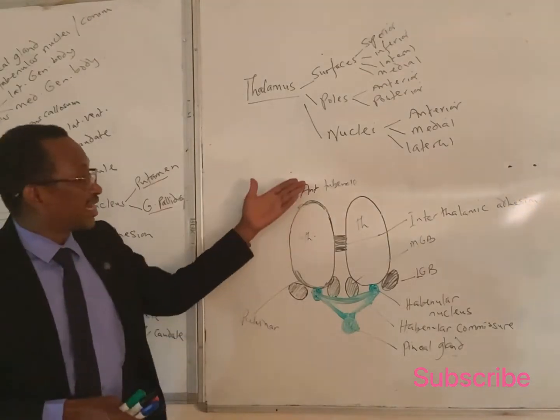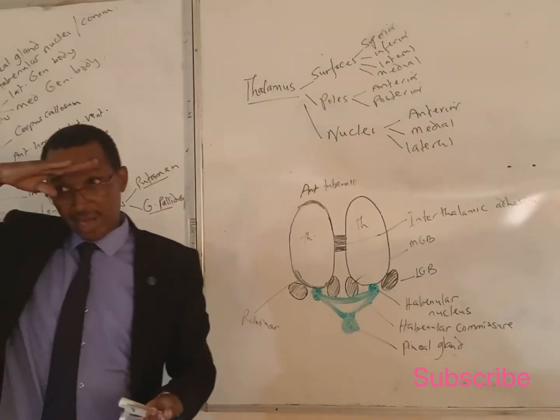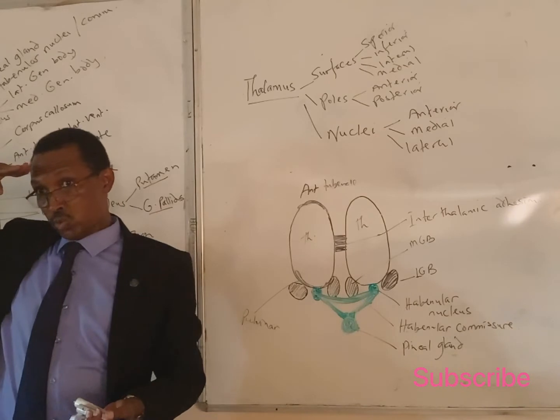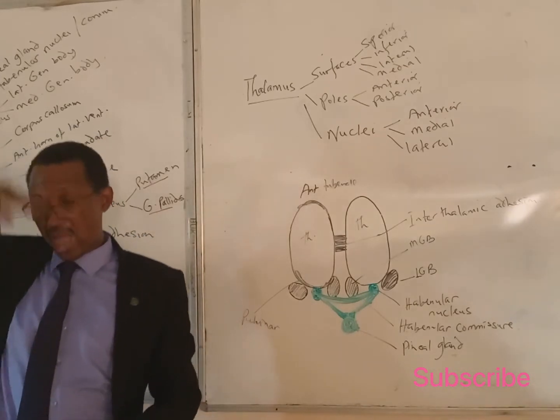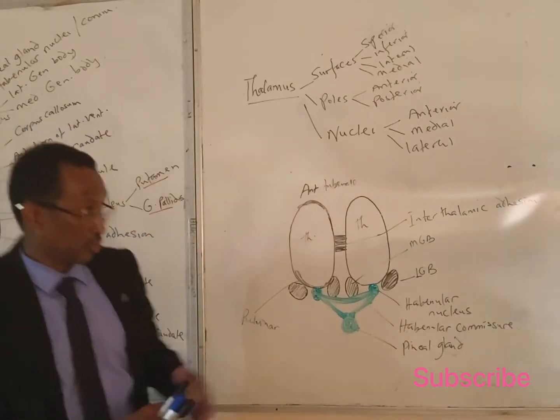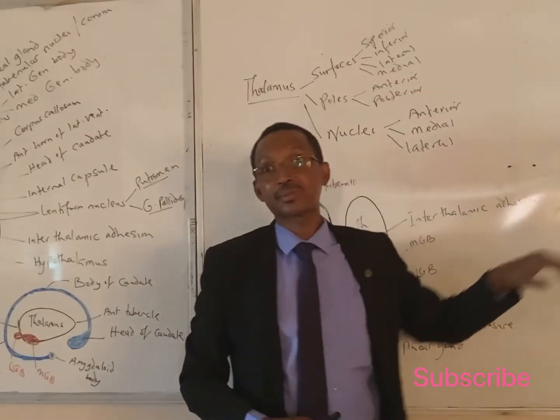If I now cut a cross section of each of the thalamus into two transverse sections like that, and I remove the upper part, I'm going to see something like this.